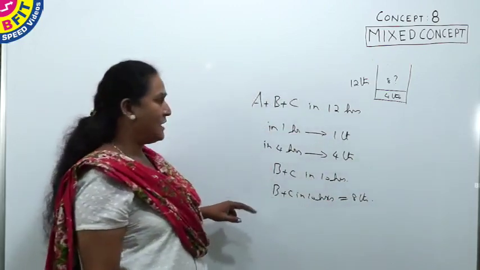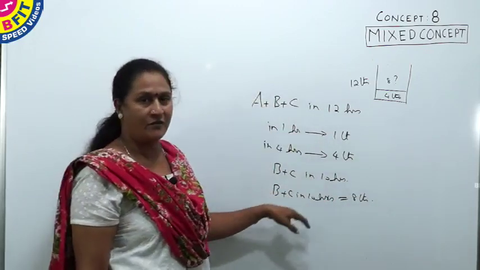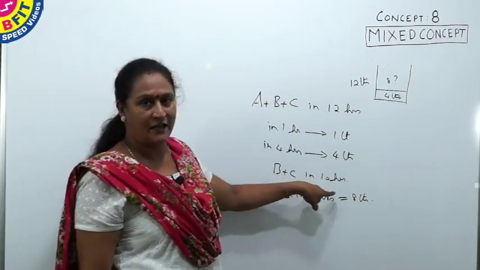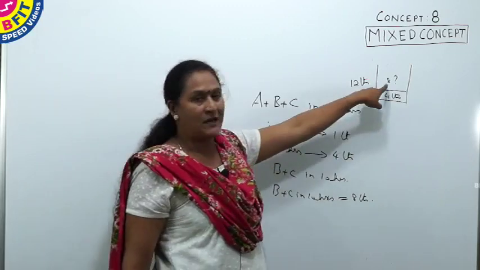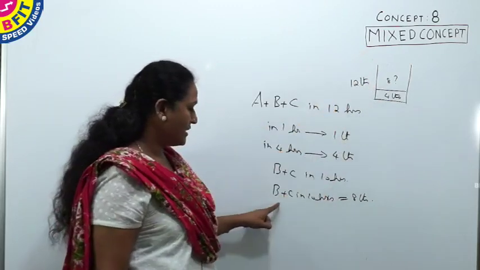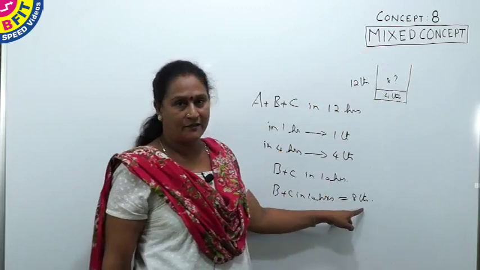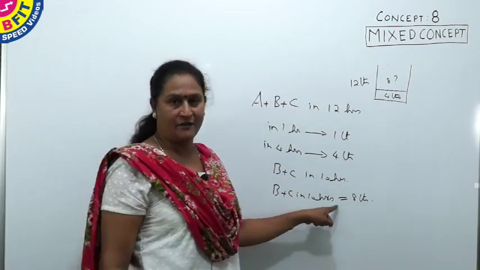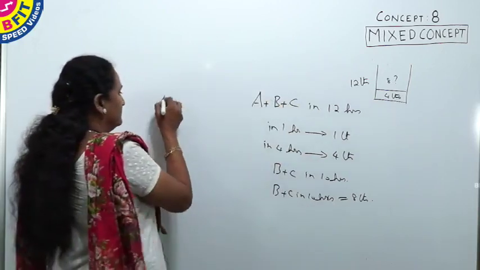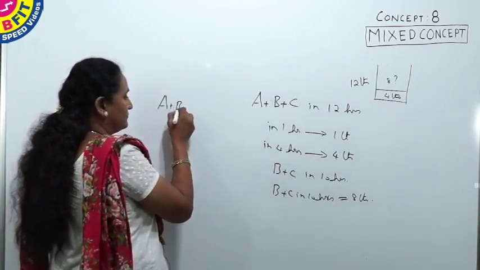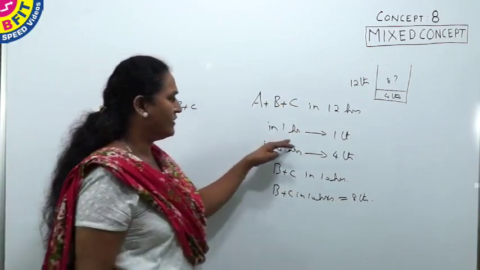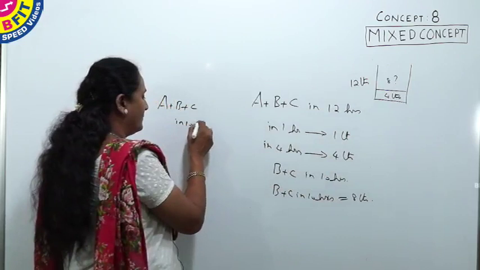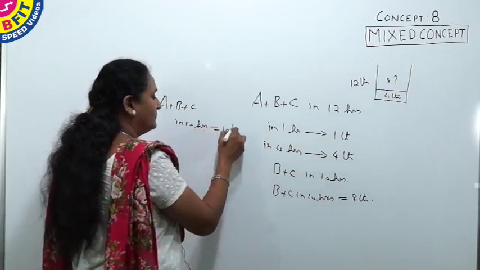So we will take the base for A, B, C also for 10 hours instead of finding for 1 hour. B and C fill the remaining tank in 10 hours, and what is the remaining tank? 8 liters. So B and C in 10 hours pour 8 liters. Now what will be the amount of water poured by A, B and C in 10 hours? In 1 hour they pour 1 liter, in 10 hours 10 liters.